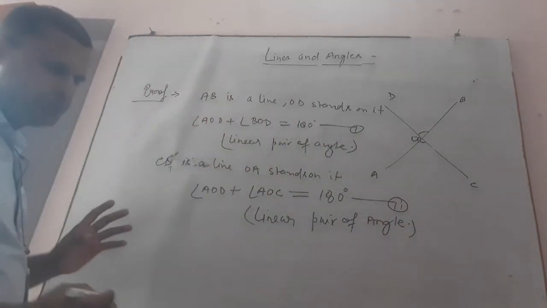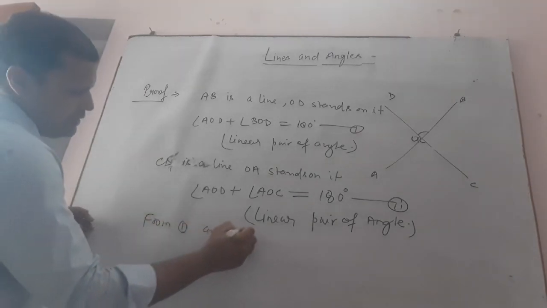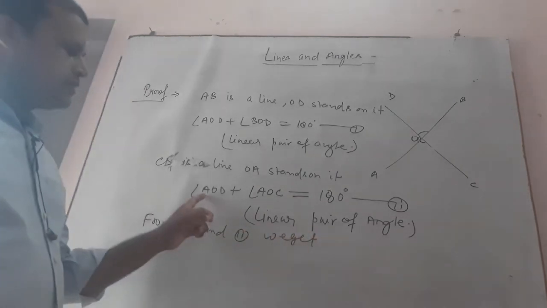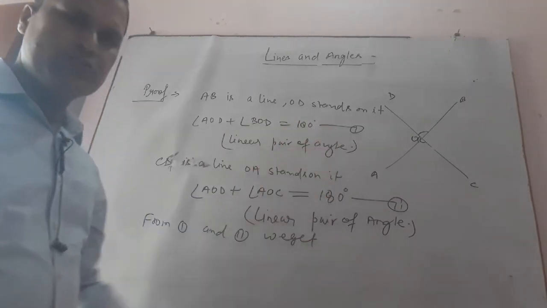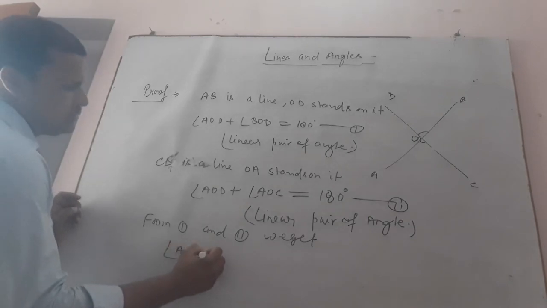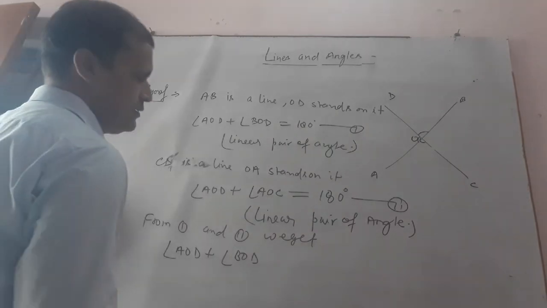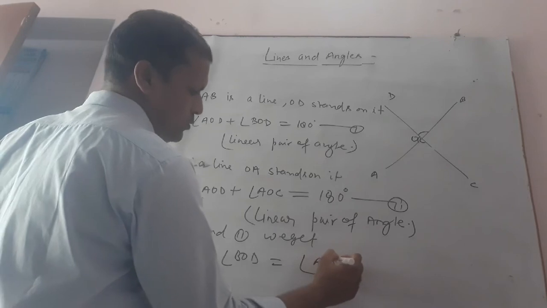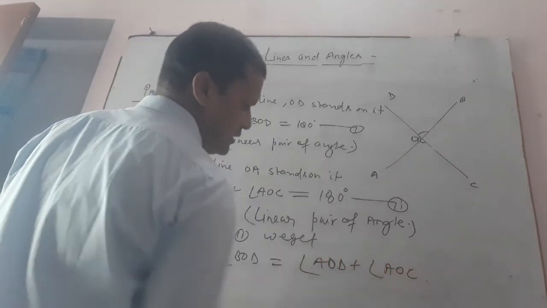From equations 1 and 2, we get this equal to 180, this equal to 180. So equating these two, angle AOD plus angle BOD equal to angle AOD plus angle AOC.